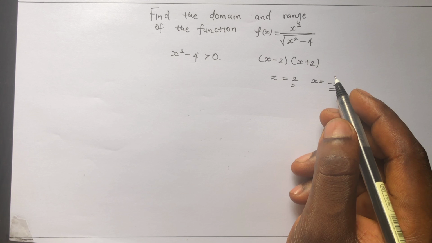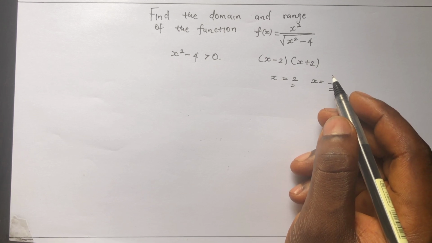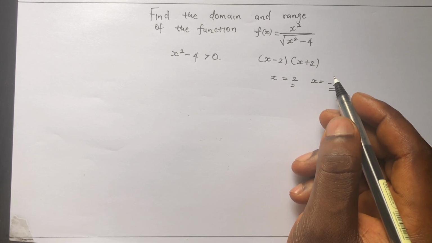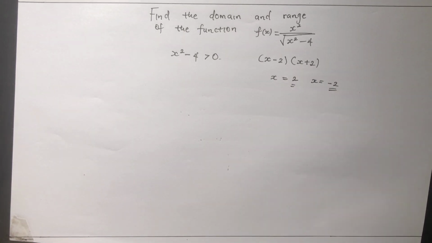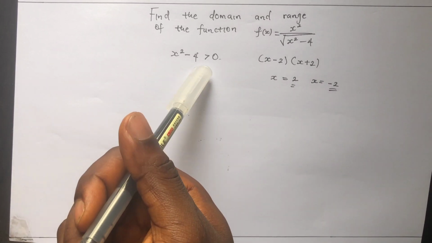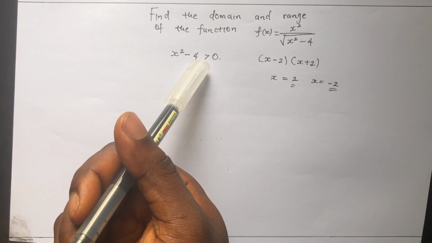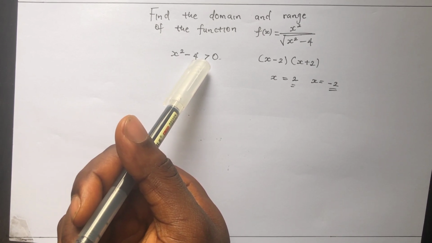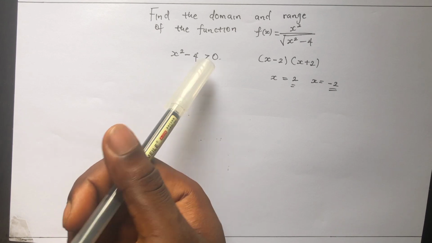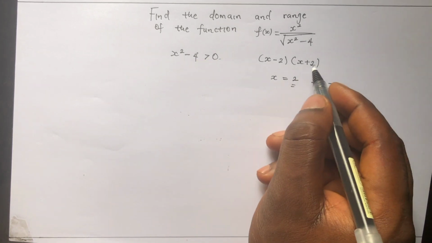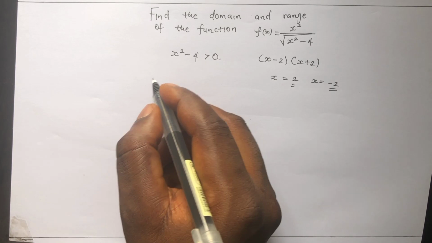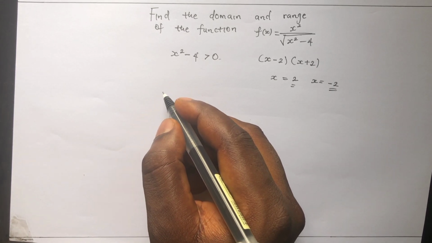Now, we should have in mind that whatever set of values we obtain should be greater than 0. All right, we are looking for a positive real number. Now, we are going to take these two factors and create what we call a truth table.